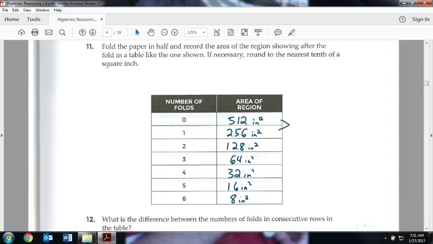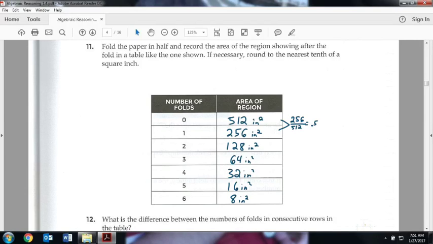If it wasn't readily apparent, we could simply go 256 divided by 512. Put that in your calculator and you get 0.5, which is like dividing by 2, or 1/2.